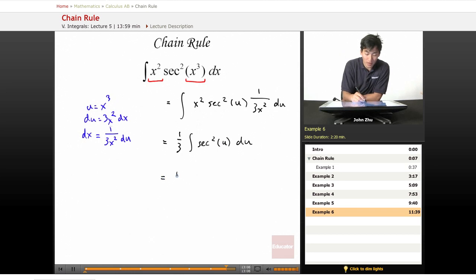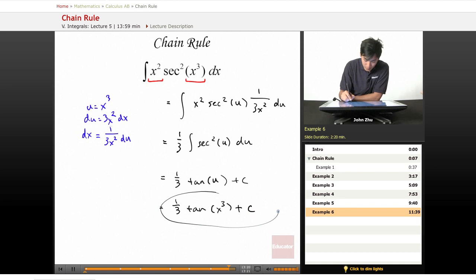Carrying out this integral, we know it's tangent of u plus c. And finally, replacing our u with x cubed, plus c. So there's our answer to this massively confusing looking integral.